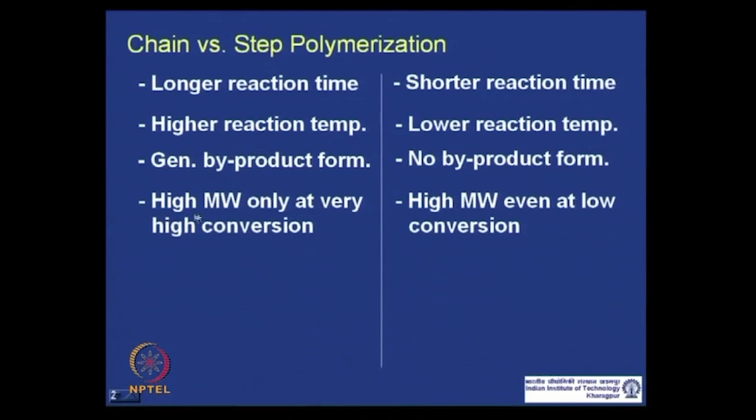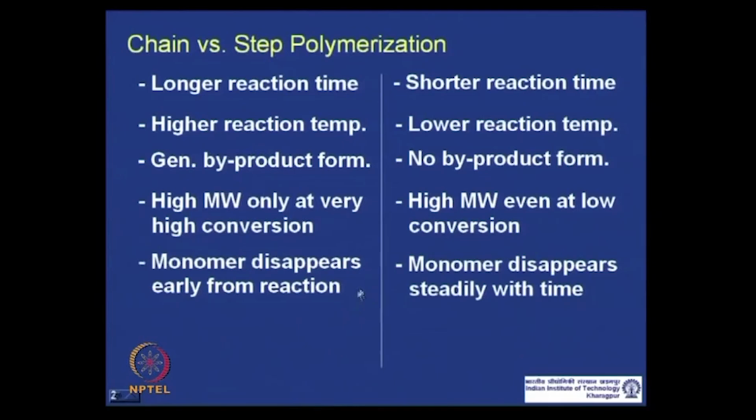And as I said repeatedly, in case of step polymers you get high molecular weight only at high conversion, whereas in case of chain polymers you can get high molecular weight even at low conversion. With time or with conversion, only the number of high molecular weight chains increases.